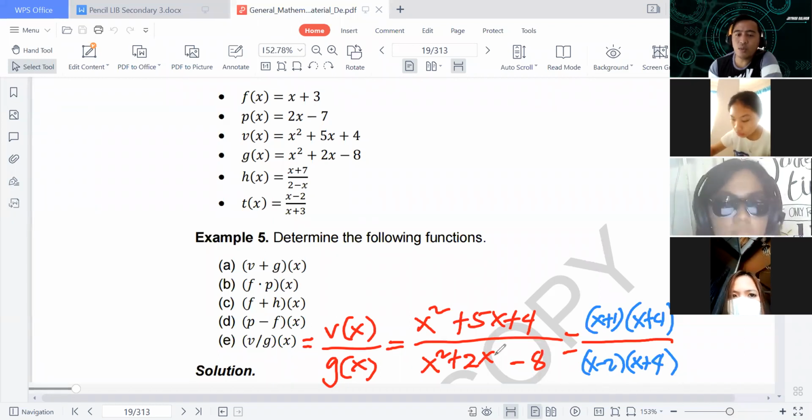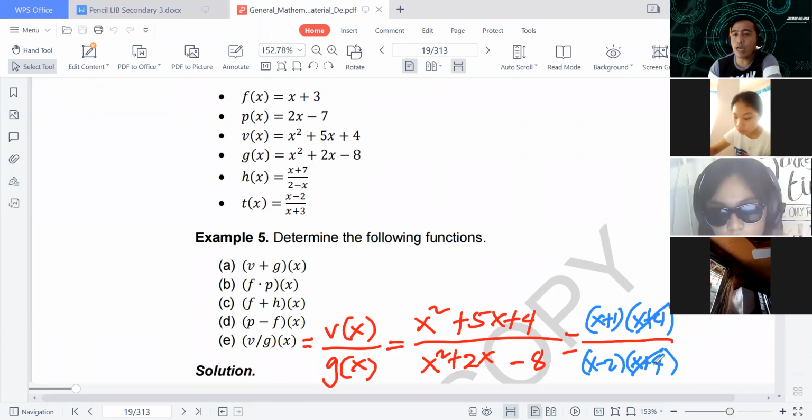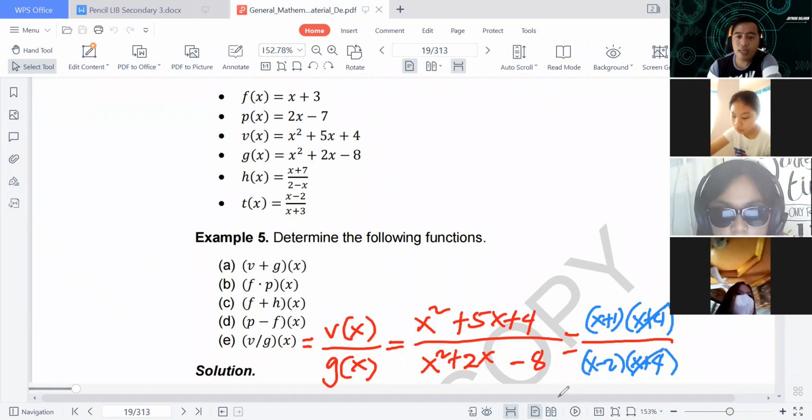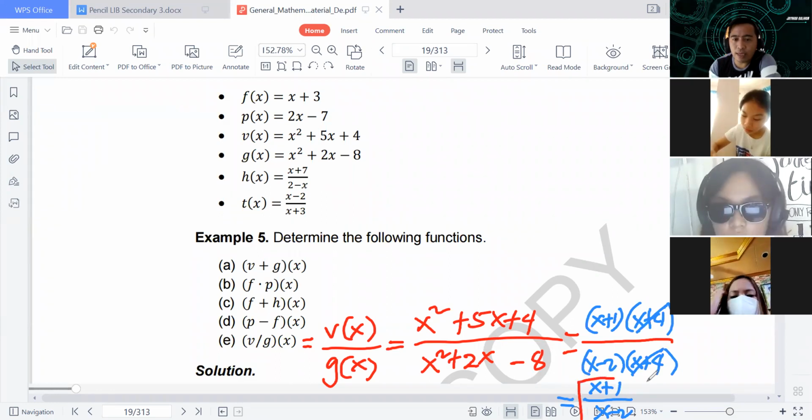If you add these two, it will be positive 2, the middle term. And as you observe, it will be eliminated. It will be equal to 1 because any number divided by itself is just 1. And if you perform it further, it will only be X plus 1 over X minus 2. And that will be the answer for letter E.